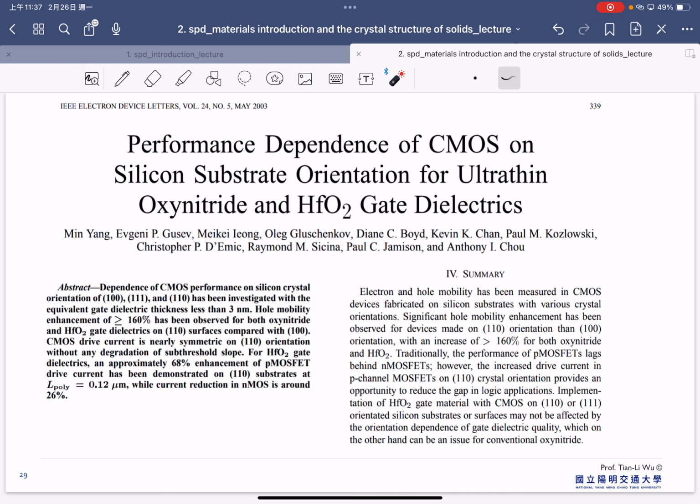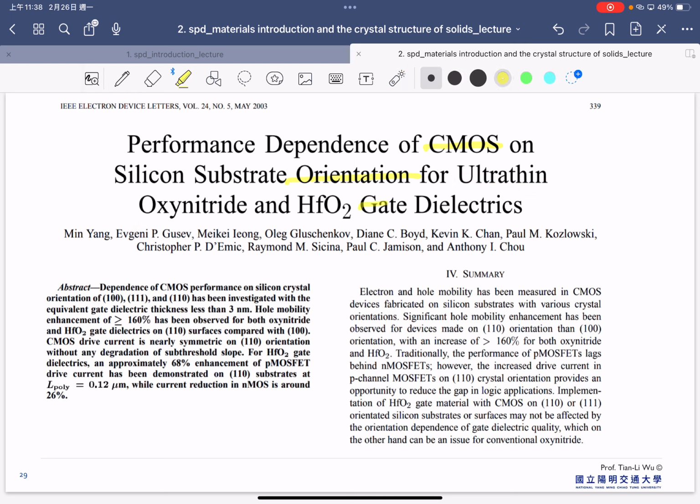So here is an example I want to show. The paper title is Performance Dependence of a CMOS. This term was already mentioned in the last class. That means with 2 classes already, you can probably start to have a sense of certain keywords in the semiconductor field. The title continues: on the silicon substrate orientation of the ultra-thin oxide nitride hafnium oxide gate dielectrics.